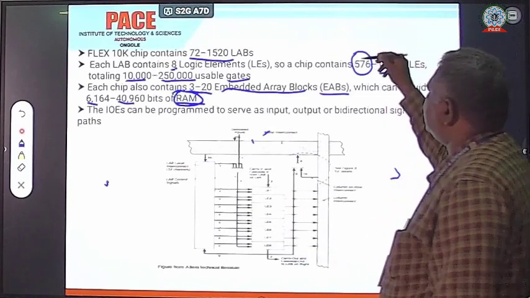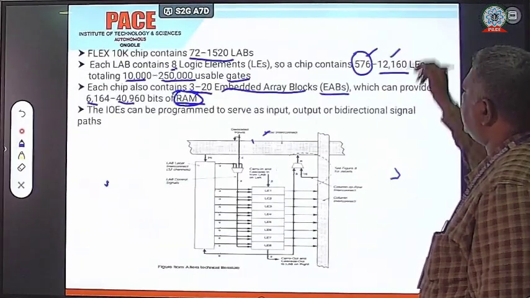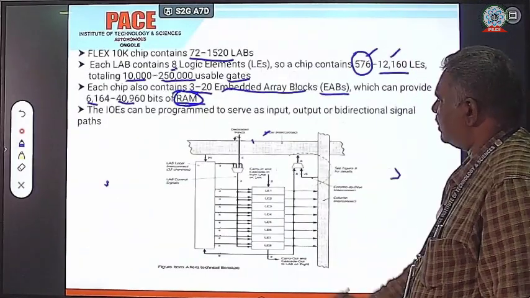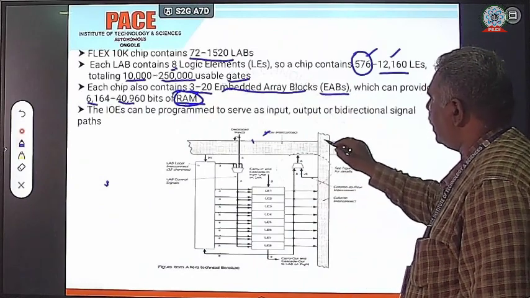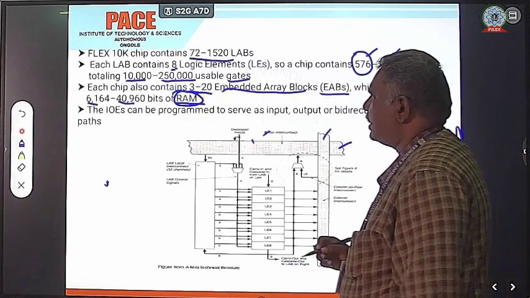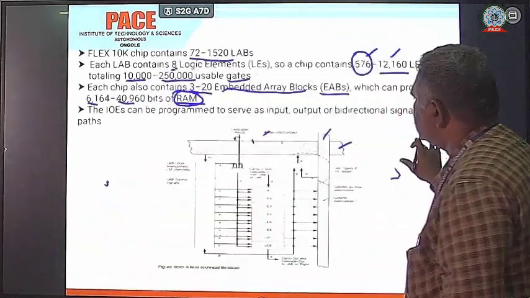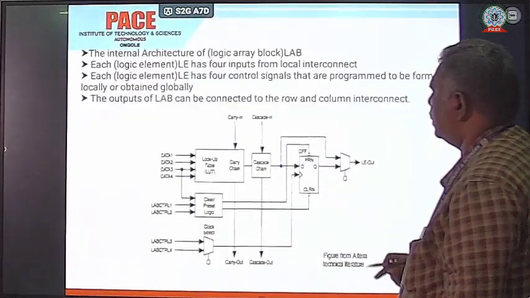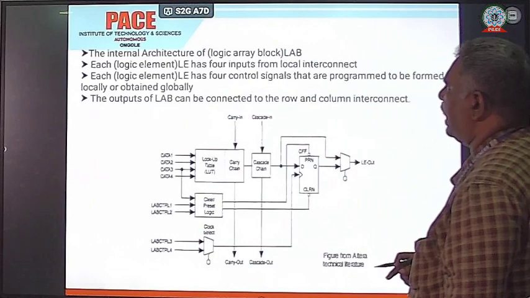As already discussed, 576 to 12,160 LEs. These are all interconnected to the row and column interconnects. This is the internal structure of the LAB.